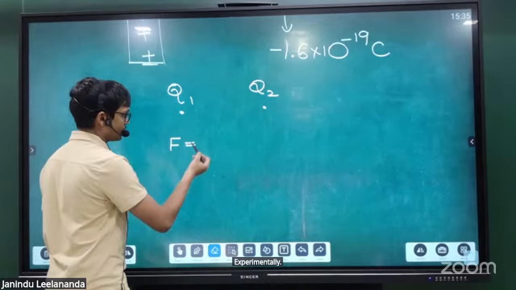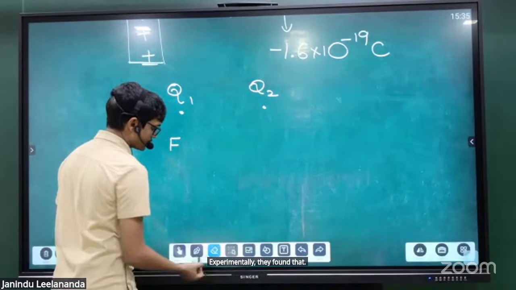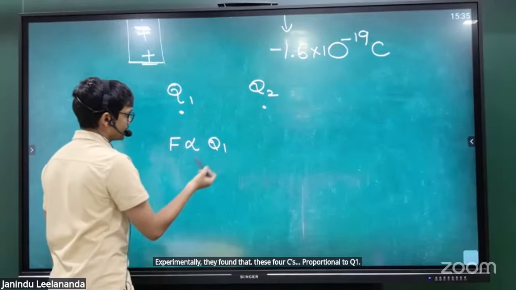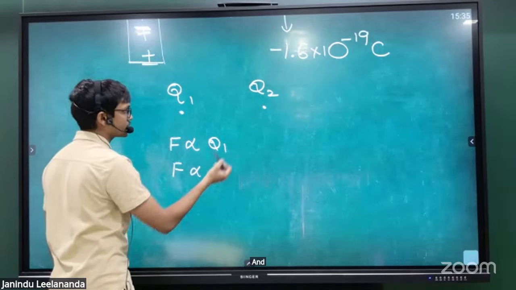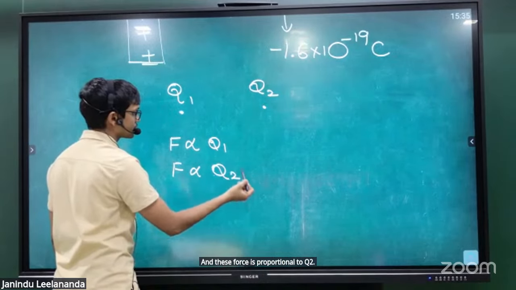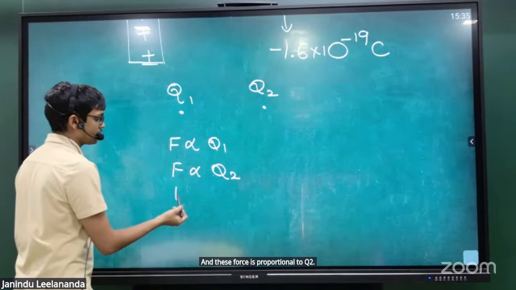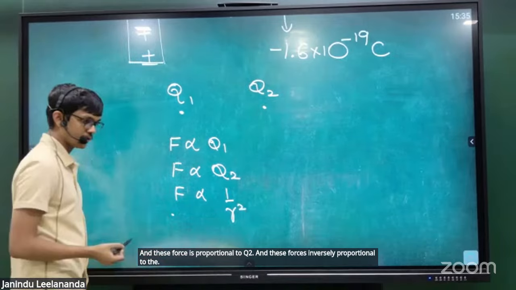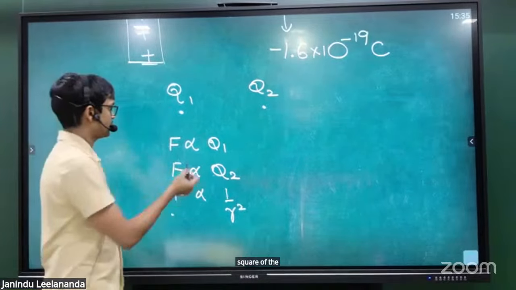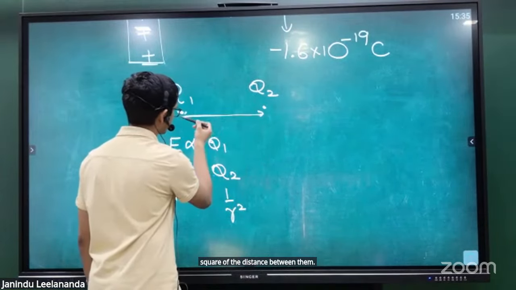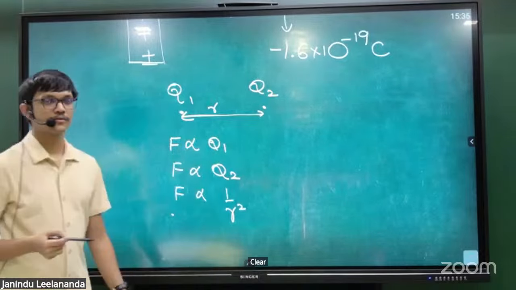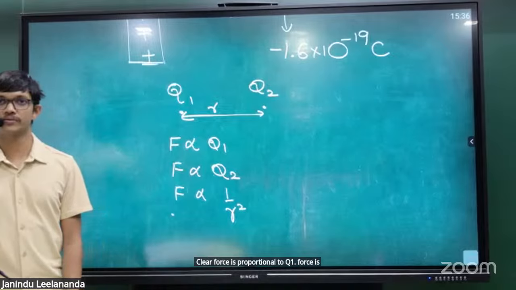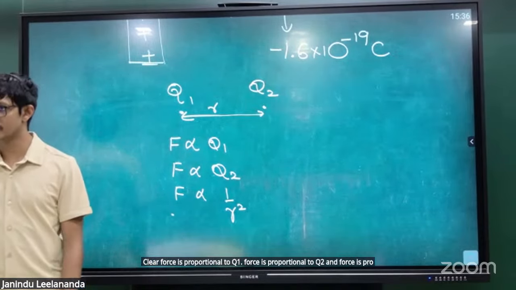Experimentally, they found that this force is proportional to Q1, proportional to Q2, and inversely proportional to the square of the distance between them. Clear? Force is proportional to 1 over r squared.